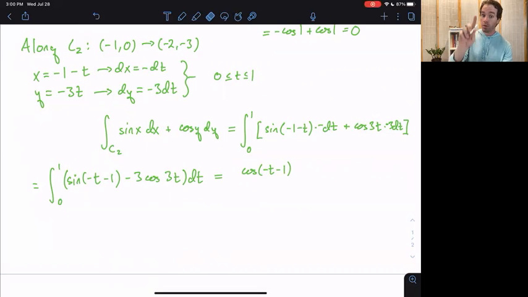Okay, so now the derivative of this would be negative sine because of cosine, but then its sign would get reversed again because of the chain rule from the negative t on the inside. I know it's difficult to keep track of all the moving pieces. And then the integral of cosine is simply sine, because the derivative of sine is cosine. So this will be minus 3 times sine of 3t.